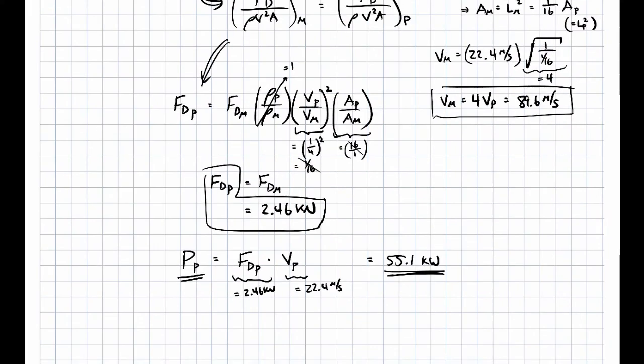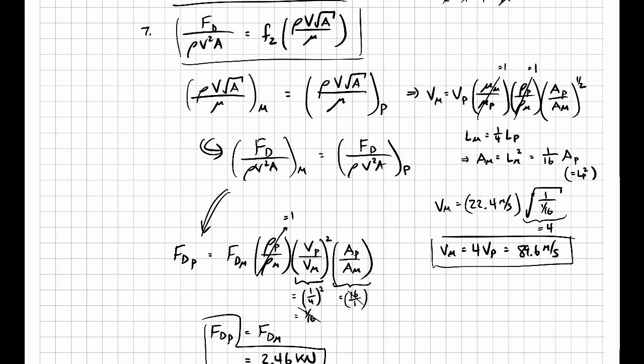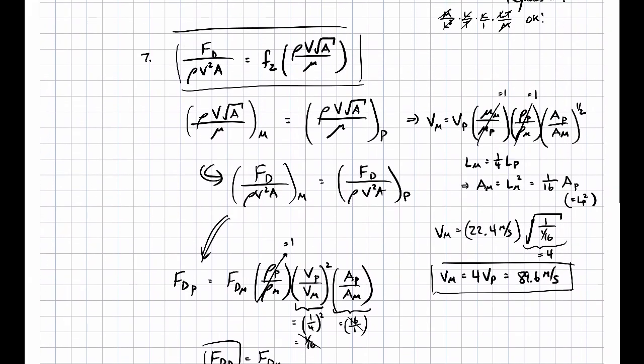Okay, so this is a pretty good example showing how we do scaling, how we do dimensional analysis and use that to do scaling. The dimensional analysis gave us this kind of relationship, just how the drag force depends on the other variables, but in dimensionless form. It's really a drag coefficient as a function of the Reynolds number. And then to do the scaling, we said, well, we want to keep the Reynolds number the same.